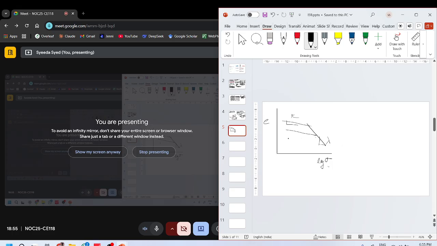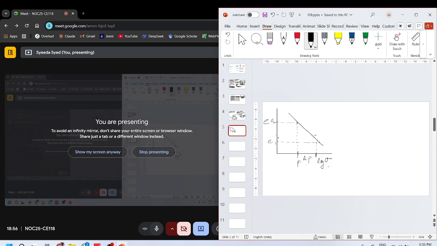So what happens is when you unload, you only unload the elastic part. Let me say that initially my load was here and I gave a delta P, and now my load is here. So I see a void ratio change from e1 to e2. But when I unload it, it will not go like this.